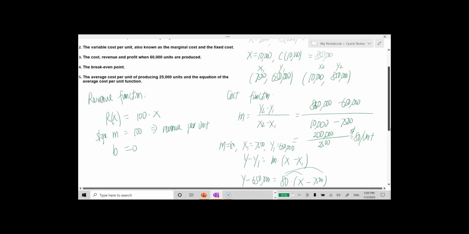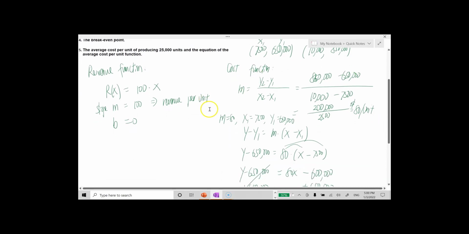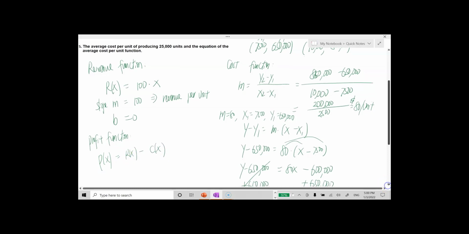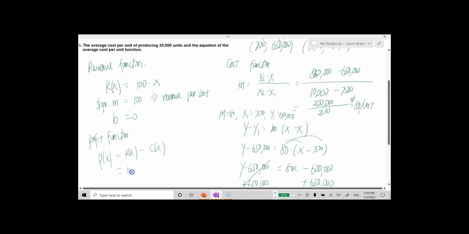And we also have profit functions. So let's take a look at profit functions. Profit equals revenue minus cost. P of x is R of x minus C of x. Total revenue minus total cost. Total revenue is 100x.